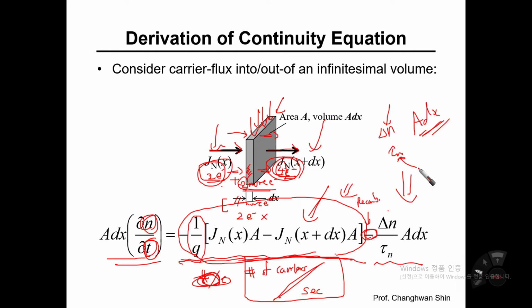What is tau sub n? Yes, minority carrier lifetime. So in this specific example, the author has assumed that this small volume is a p-type silicon material, so the hole is the majority carrier. And since there are too many holes, once a small number of electrons is injected or absorbed into this volume, the electrons would be recombined with holes.